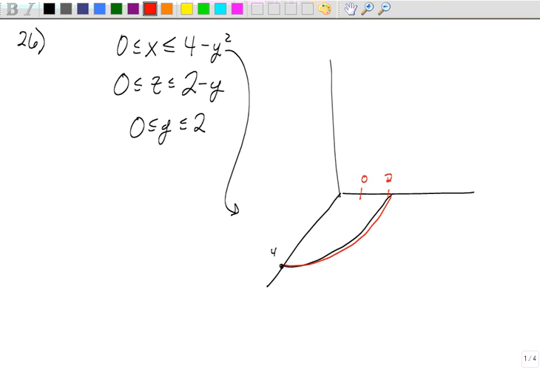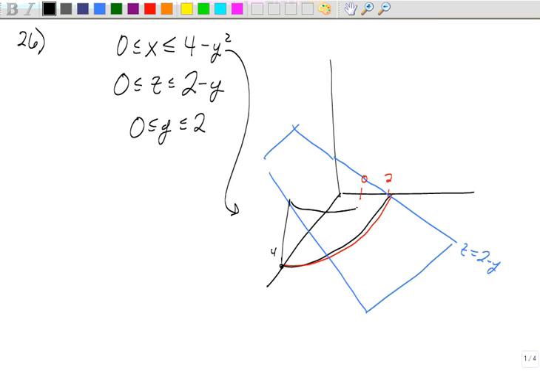And then 2 minus y is right here. So that's going to be a plane that's cutting this shape. So the shape is going to kind of go like that. It's going to get cut. And that's what it's going to look like.